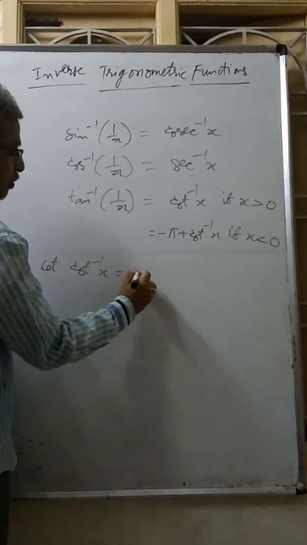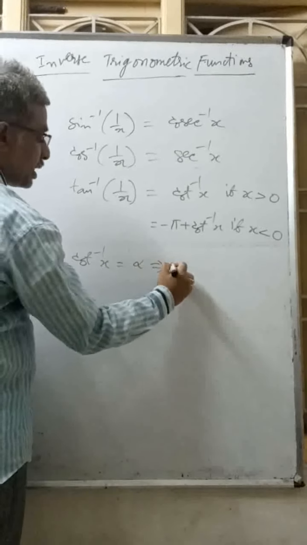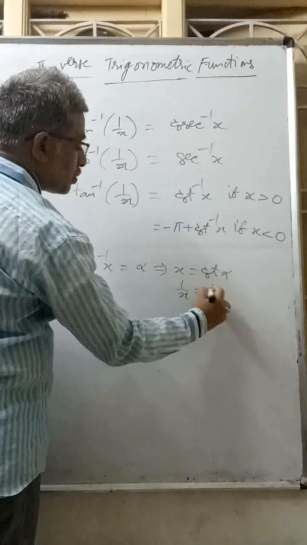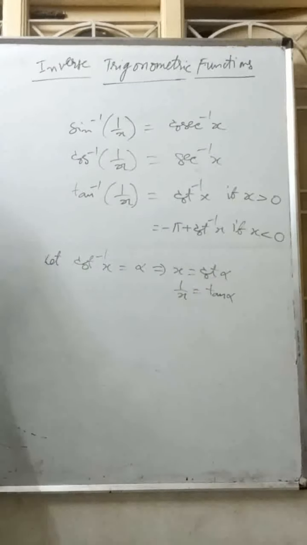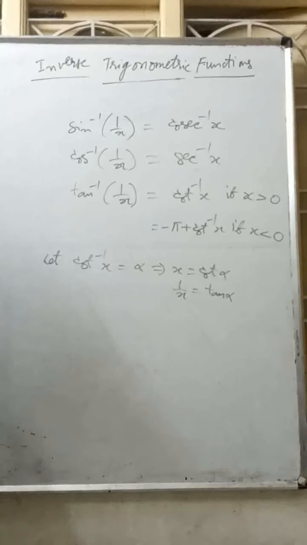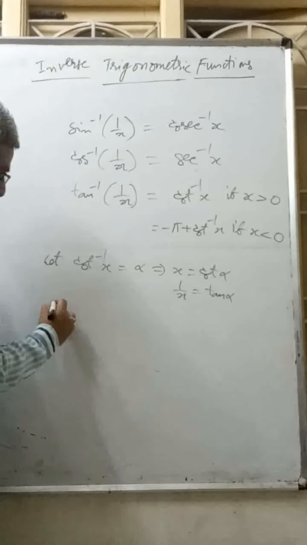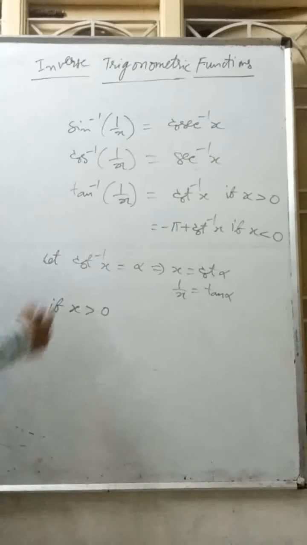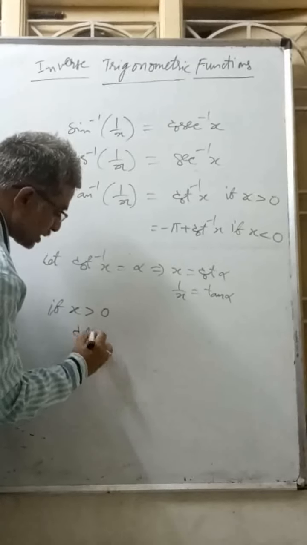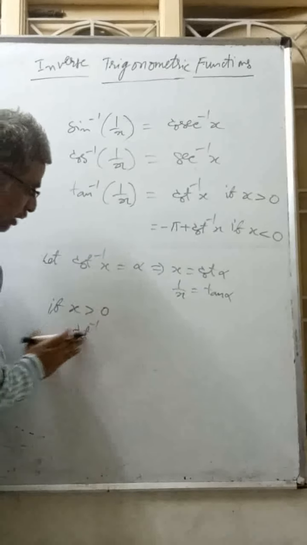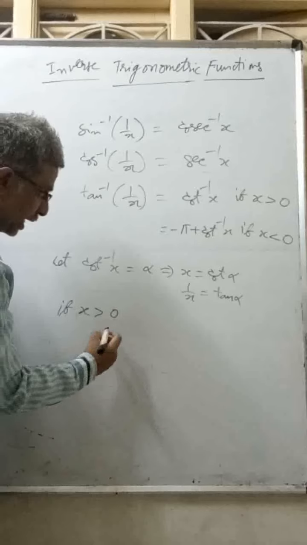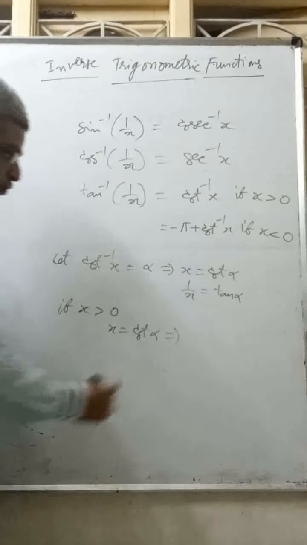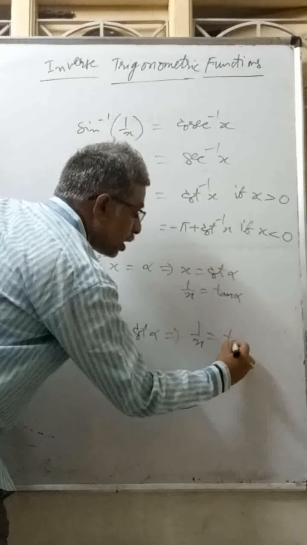Cot inverse x equal to alpha implies x equal to cot alpha. Then 1 by x equal to tan alpha. Now, coming to this, if x is more than 0, then 1 by x equal to tan alpha.